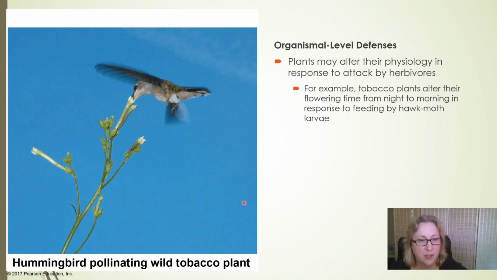So this particular species of wild tobacco plant, normally it would bloom at night because its preferred pollinator is a moth. But if there's too many moth larvae chomping on the leaves, they switch to day blooming. And that way they stop attracting moths, and instead they start attracting hummingbirds to pollinate their flowers.